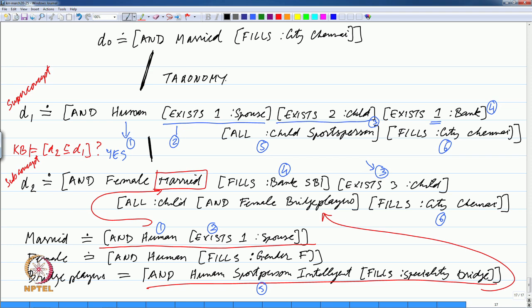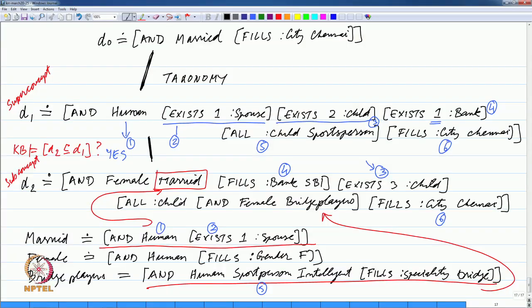If we know that one concept is a sub concept of another concept, then we can simply create a graph in which all these concepts are arranged. So, I can create a graph in which I have D0, then D1 and then D2. Which means I can consult the graph at any point I want.